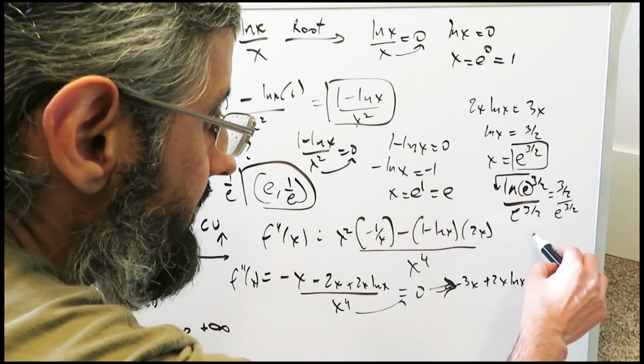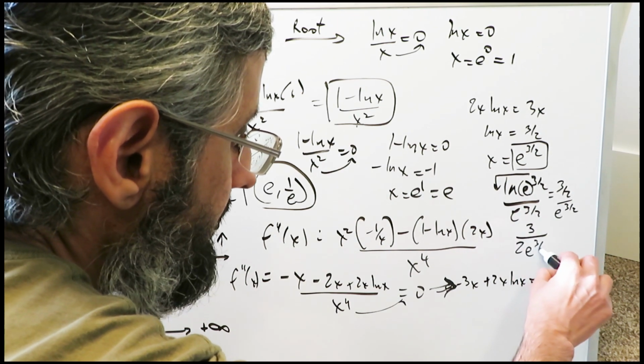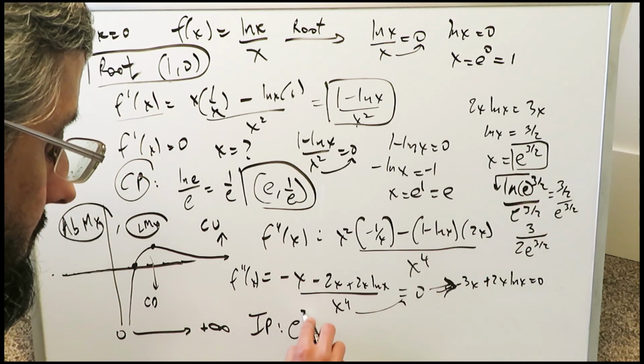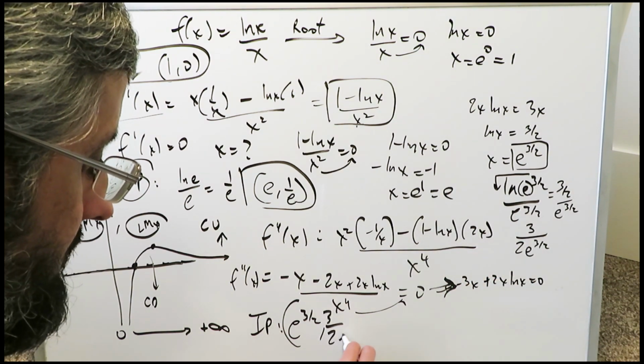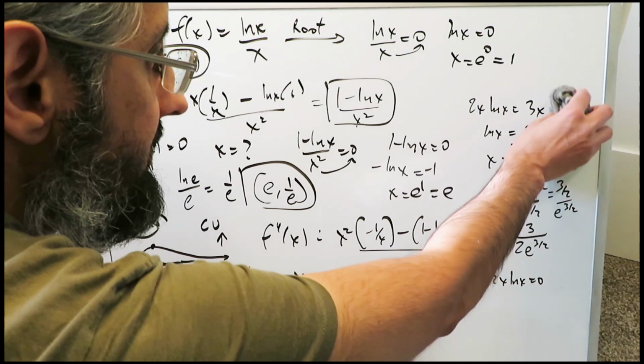If you manipulate this by means of denominators, you're looking at 3 divided by 2e to the 3 over 2. That's your corresponding y value. My inflection point has now been determined. It is equal to my x value, e to the 3 over 2, and your y value, 3 divided by 2e to the 3 over 2. That represents your inflection point, x value and y value. Let's clean this up over here. You know how this determination occurred.